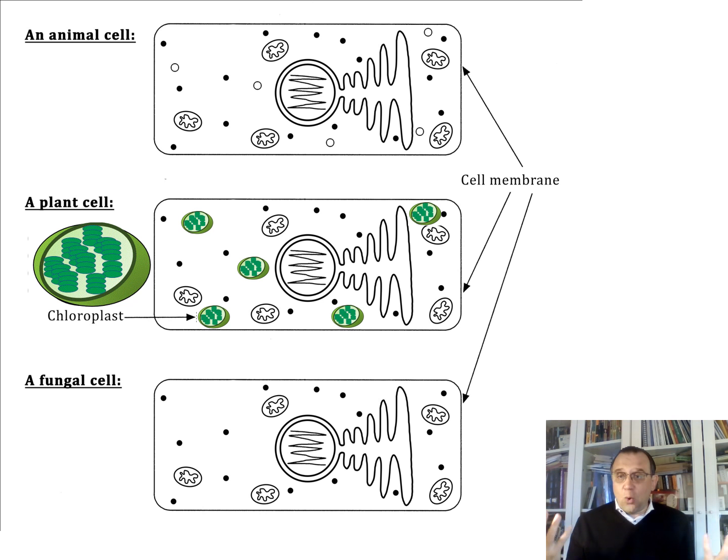Practically it makes food. It makes food for the plants, and then plants become food for animals that actually cannot make their own. Our cells do not have chloroplast.